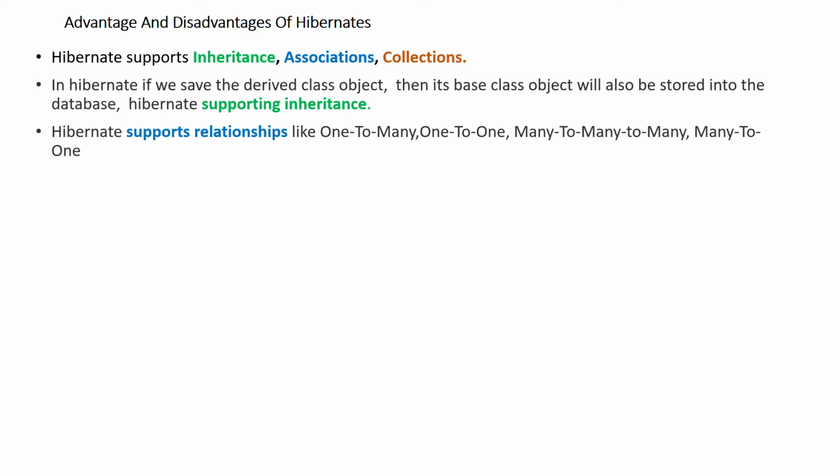And Hibernate supports relationships like one to many, one to one, many to many, many to one, and bidirectional ones. We will understand this further later. Hibernate also supports collections like list, set and map.